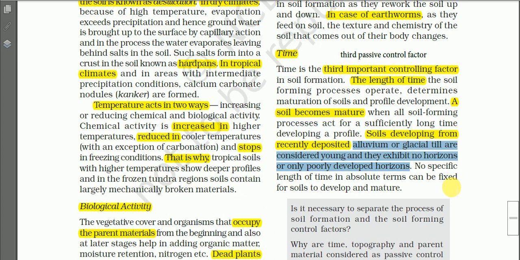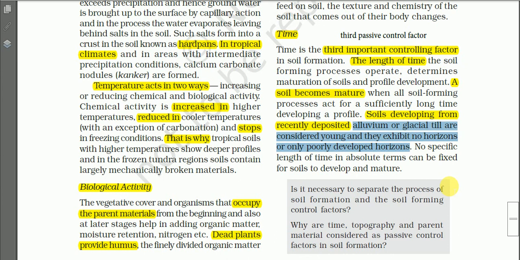And if the soil is mature, then you will find a thick layer having different horizons. So in this way, time also determines the nature of the soil. The older the soil, the thicker and the finer the materials, and vice versa.